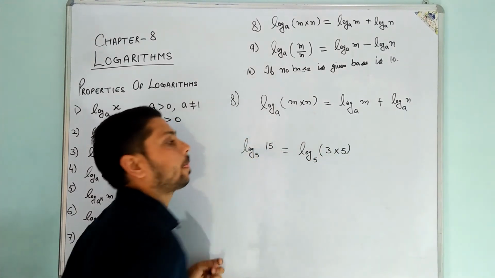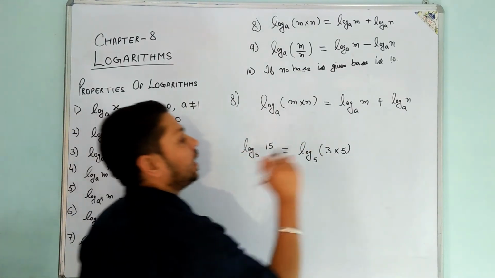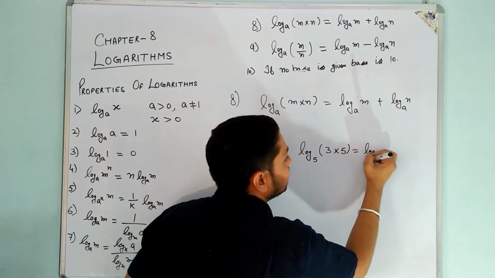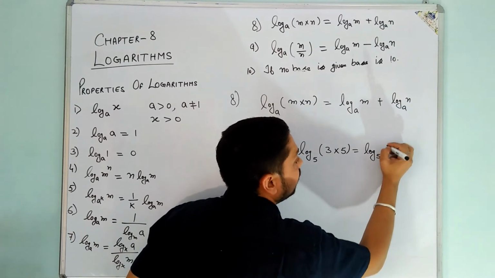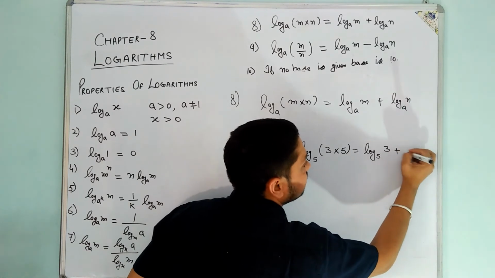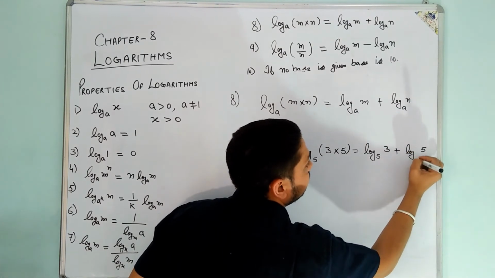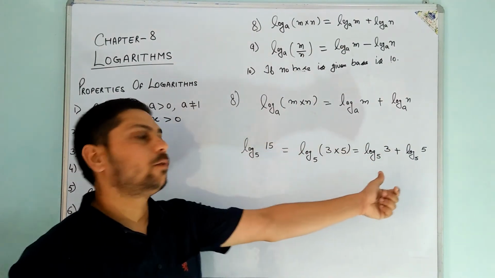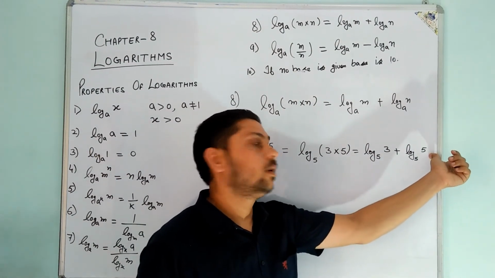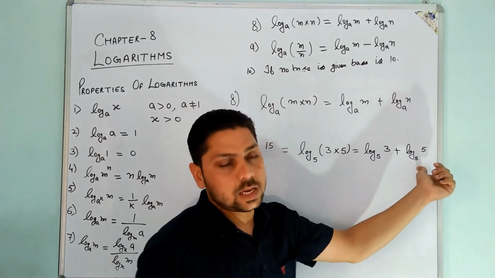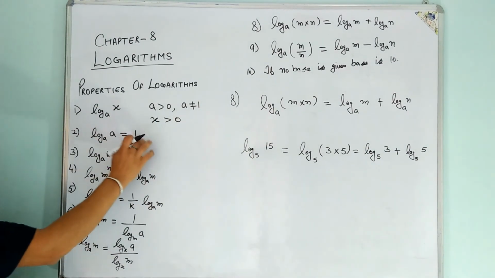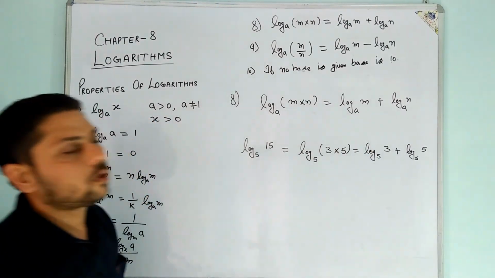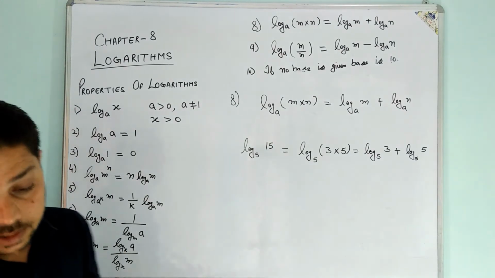Now, according to this property, we can write this term as log of 3 with base 5 plus log of 5 with base 5. So we have reduced the calculation, as you can see that log of 5 with the same base is always equal to 1. Similarly we can calculate the value of log of 3 with base 5.